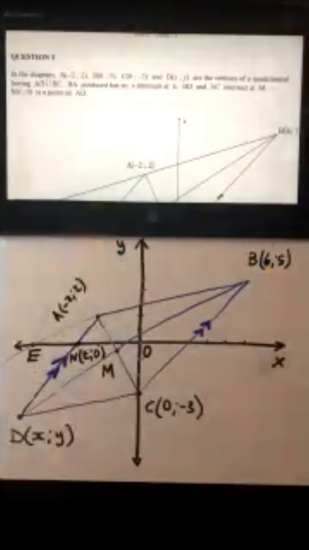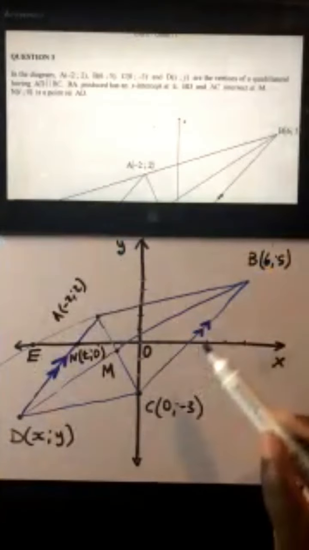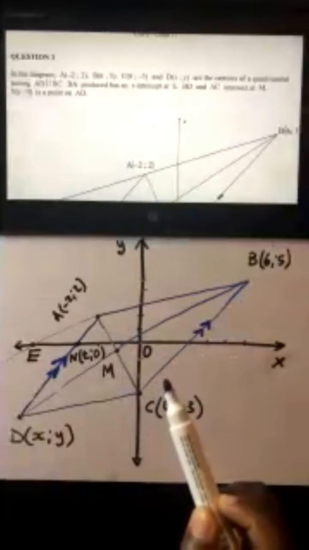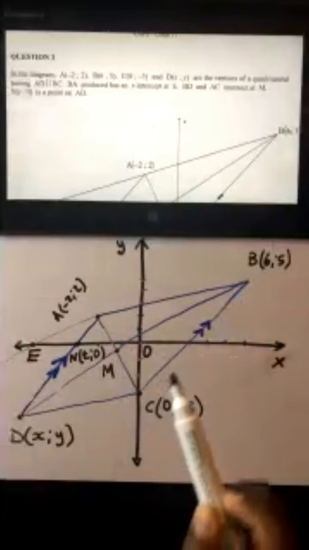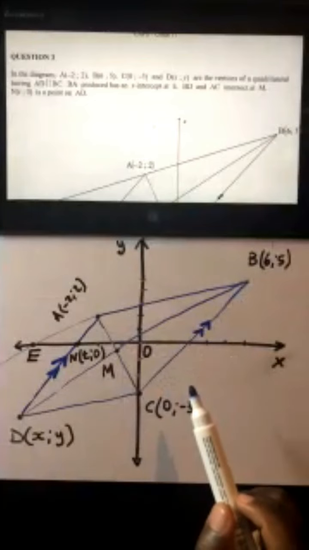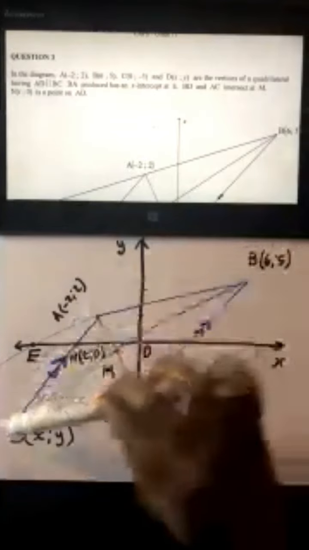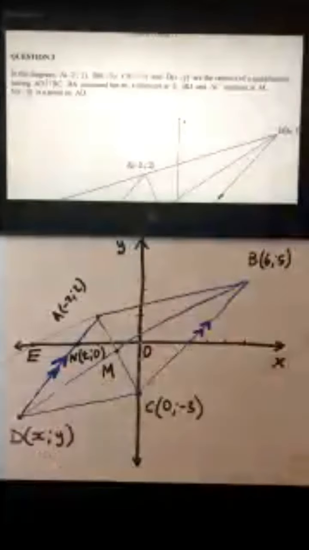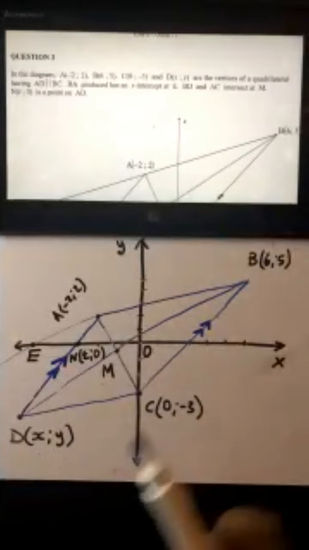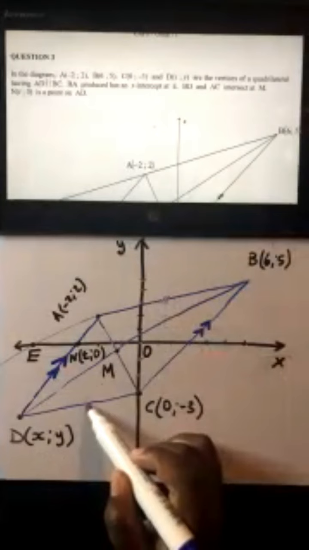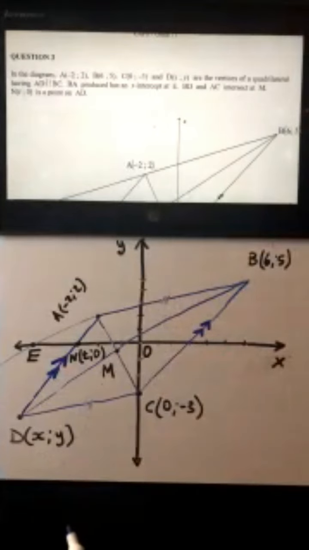So that's what it means when they say this line is parallel to that line. Because it's a quadrilateral, it means also these two lines are parallel, even though they did not indicate that those two lines are also parallel.